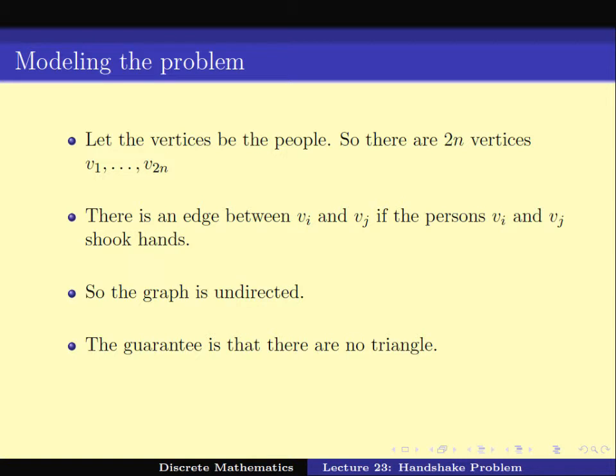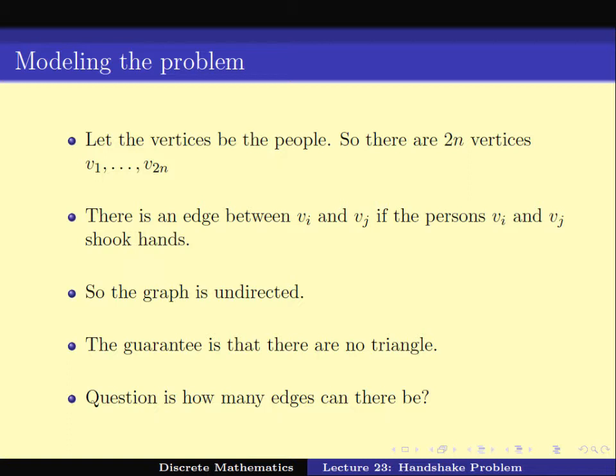Okay, so this is the initial setup. And what is the question saying? The question is asking how many edges can there be. So the question is, how many handshakes can there be, which implies how many edges can there be. So the problem boils down to a nice problem in graph theory: a graph on 2n vertices such that there doesn't exist a triangle.